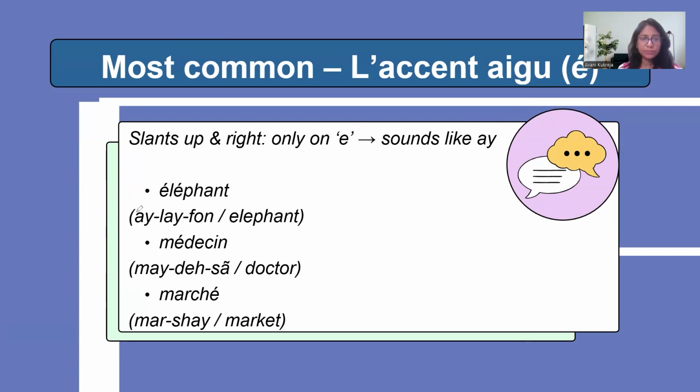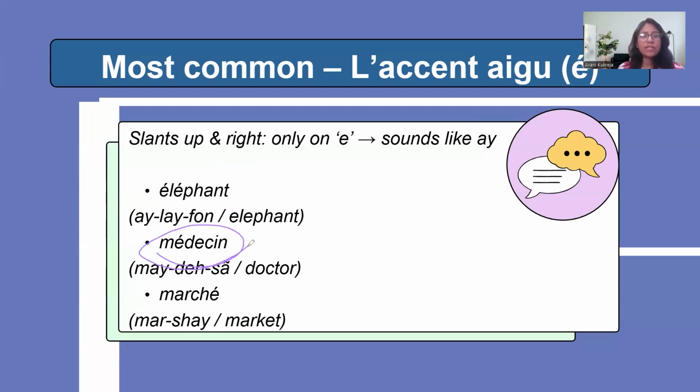For example, elephant in French is pronounced as éléphant. Everyone repeat with me. Éléphant. Now you guys try. If the accent wasn't there, how would we pronounce elephant in French? Elephant. So remember, this accent changes the way you pronounce the E.